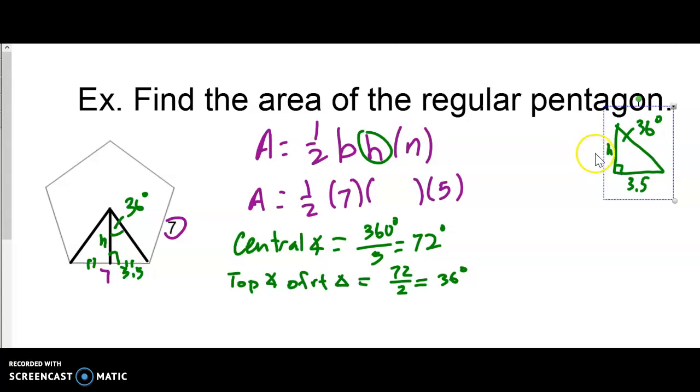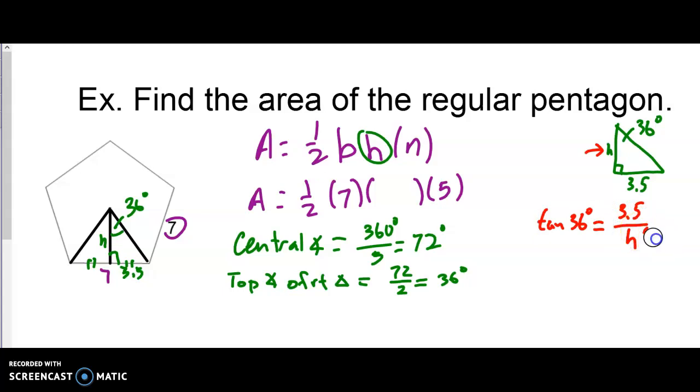To find this missing side H, I know that I'm looking for this side, which is adjacent to the 36-degree angle, and I'm given the opposite side of that angle. So I know that the word I'm going to use is the tangent. So I'm going to write the tangent of my angle, 36 degrees, equals the opposite side over the adjacent side, H.